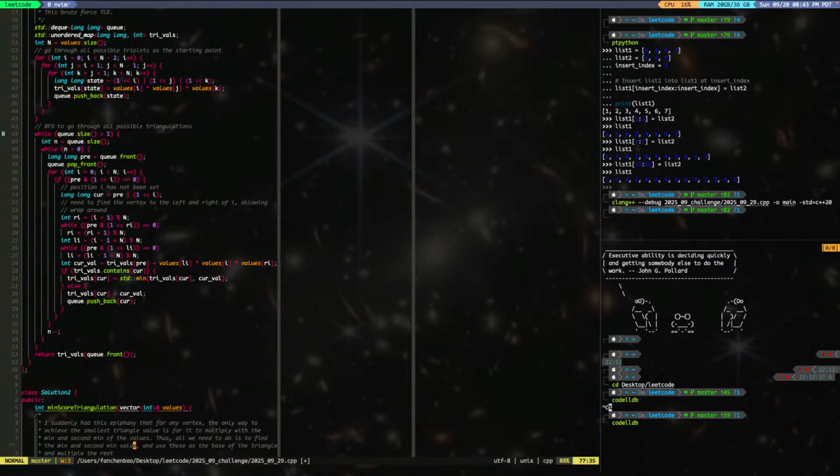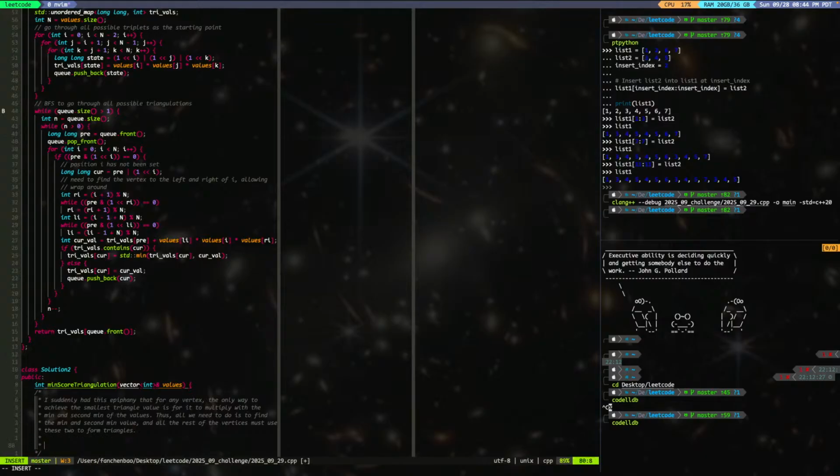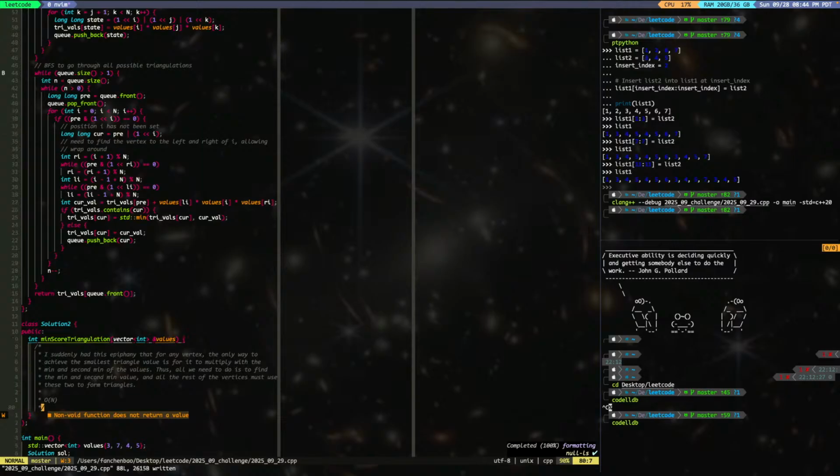All the rest of the vertices must use these two to form triangles. So in this case, that will be O(N). We just need to find the smallest and second smallest.